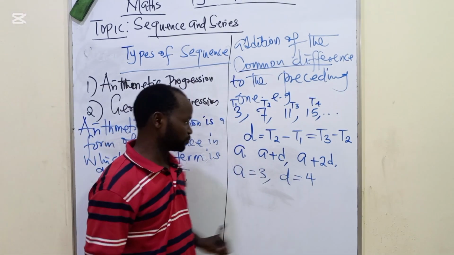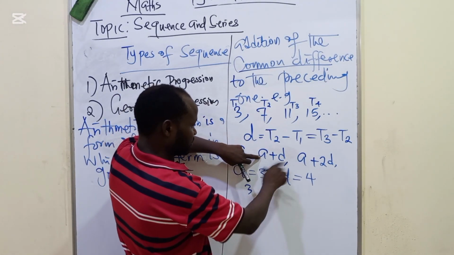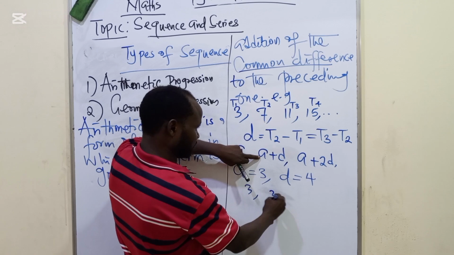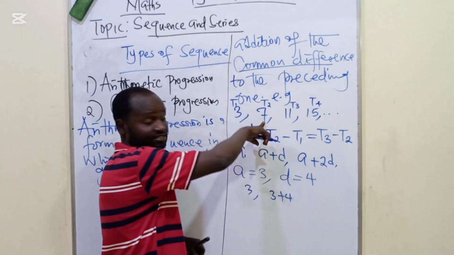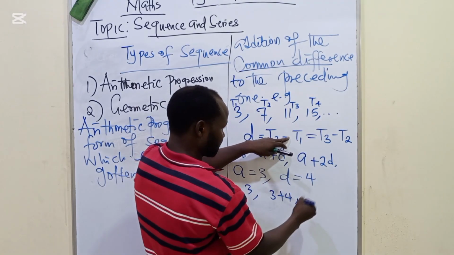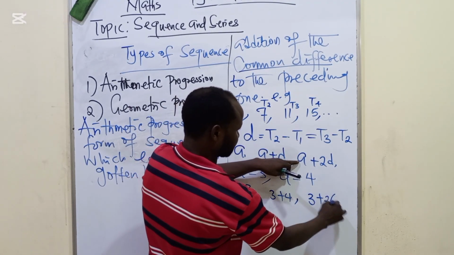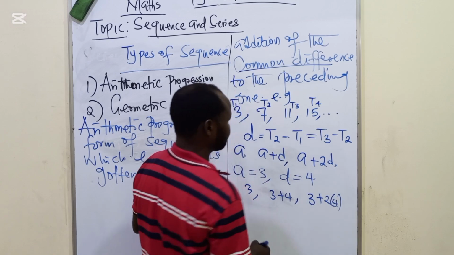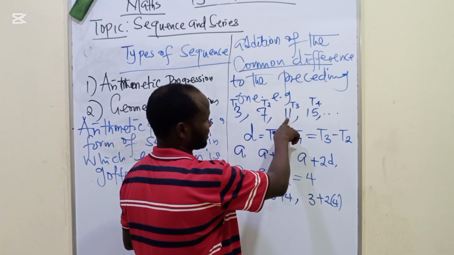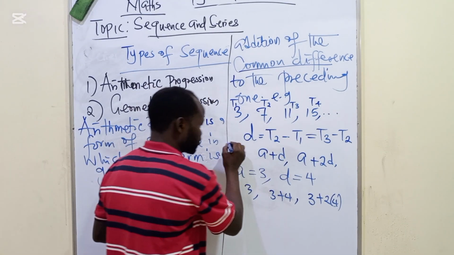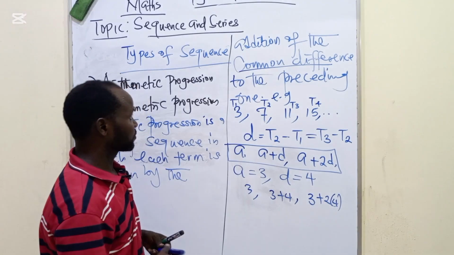Let's see whether it is true. A, which is our first term, is 3. Then the second term will be A, which is 3, plus the common difference, which is 4. That is 7. Can you see we're getting 7? Then the third term will be A, which is 3, plus 2 times the common difference, which is 4. Very important. 2 times 4, 8. 8 plus 3, that is 11. So this is the general form as far as arithmetic progression is concerned.